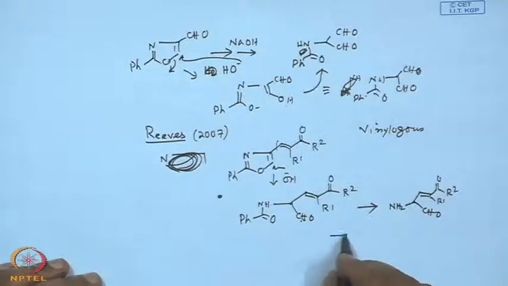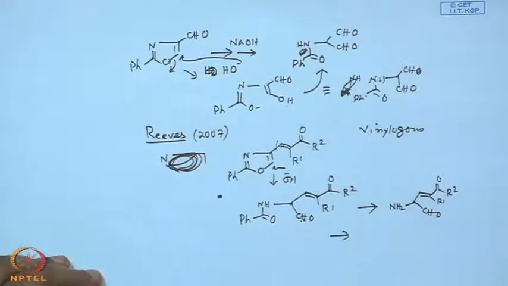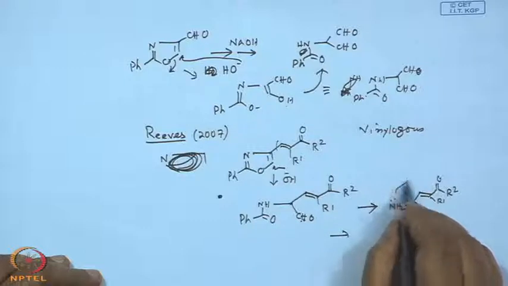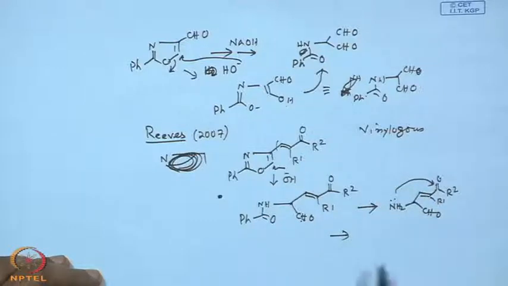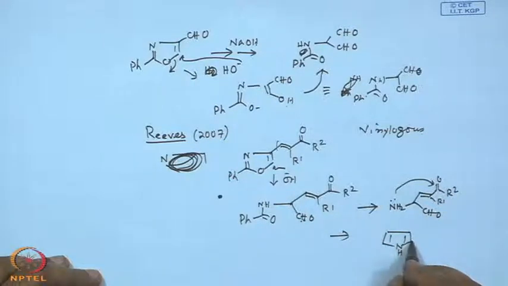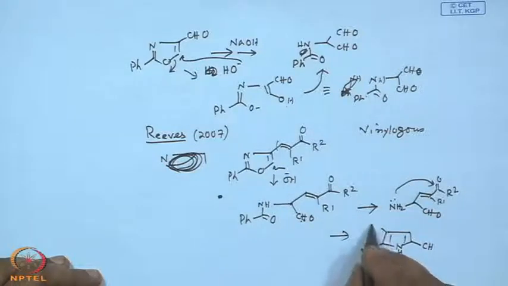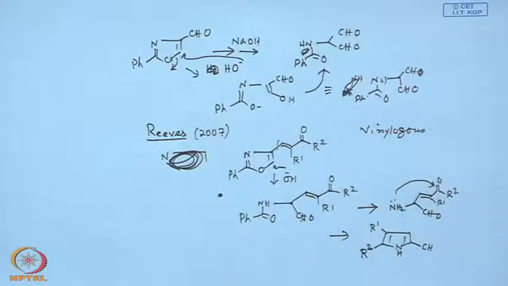Then this nitrogen undergoes condensation. So what do you get? Pyrrole, that is it. The remaining aldehyde would be at the 2 position, this side would be R2, and the other one would be R1. So you are getting a nice way of making this pyrrole.